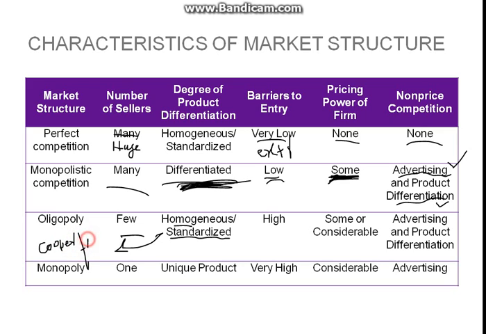But there are high barriers for a new firm to enter. Pricing power is more than in monopolistic competition, considerable. Advertising and product differentiation are sometimes very high if they are not cooperating.